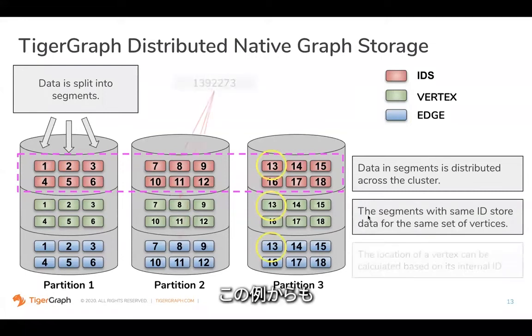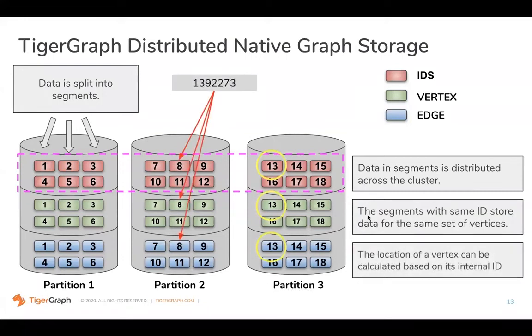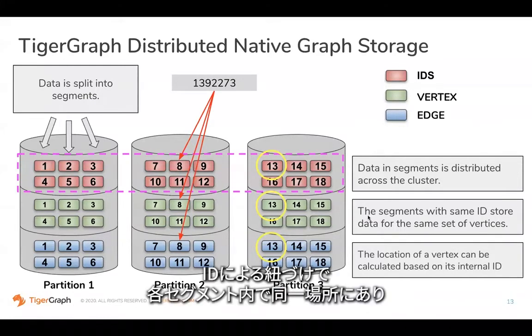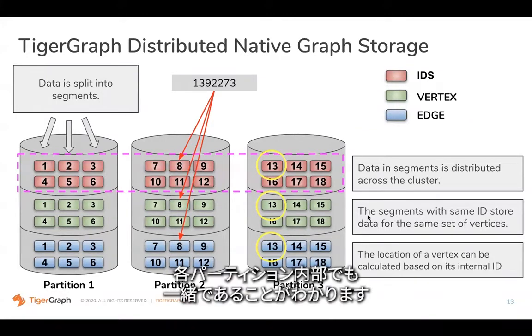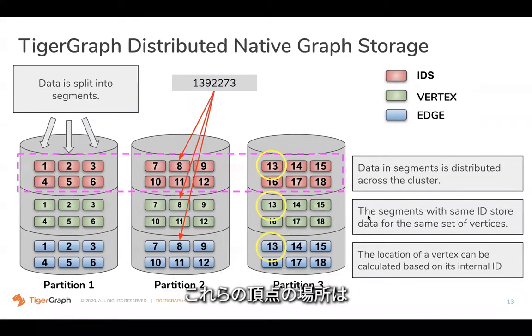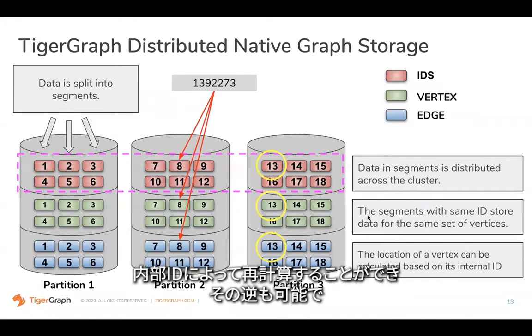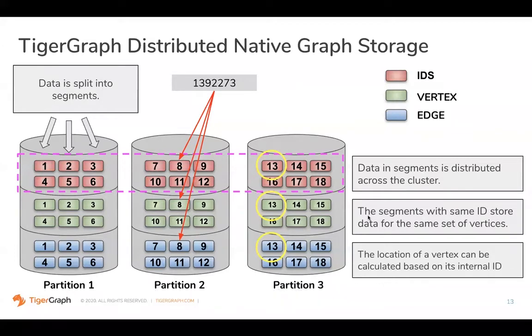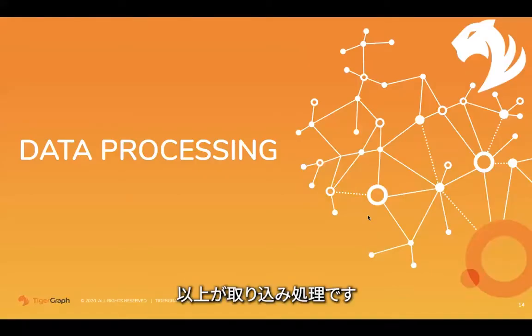As you can see in this example here, all of the data belonging to each vertex and edge, by ID, is co-located on each segment and in each partition together. And the location of any of the vertices can be easily calculated based on the internal ID, and vice versa translation can happen as needed during the query processing process. So that's the ingestion process.